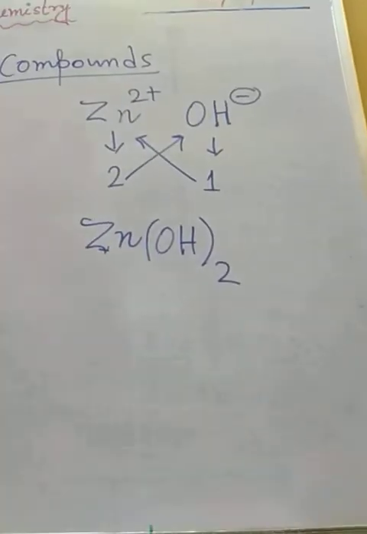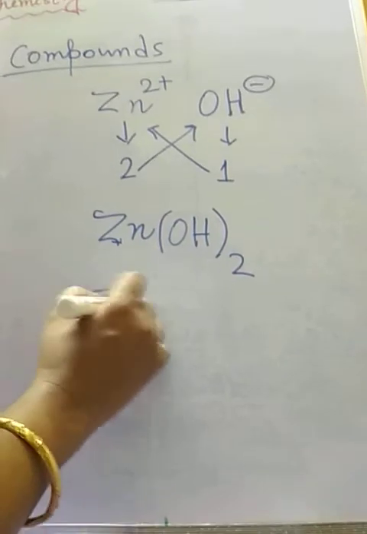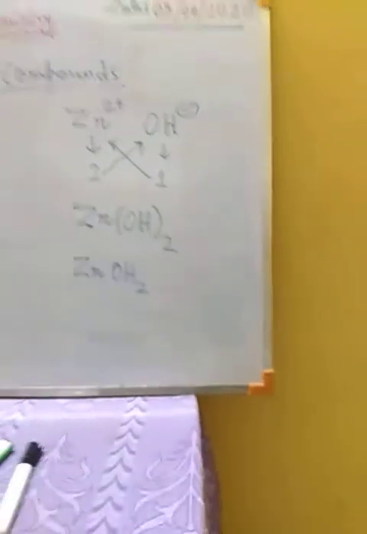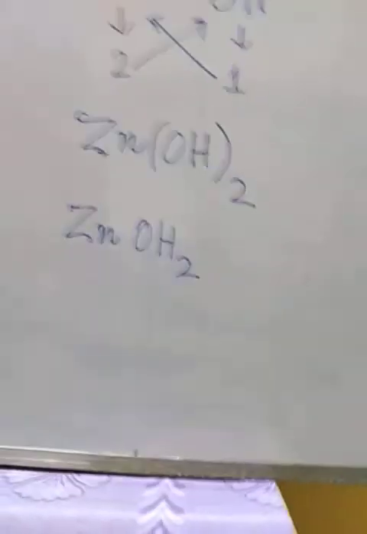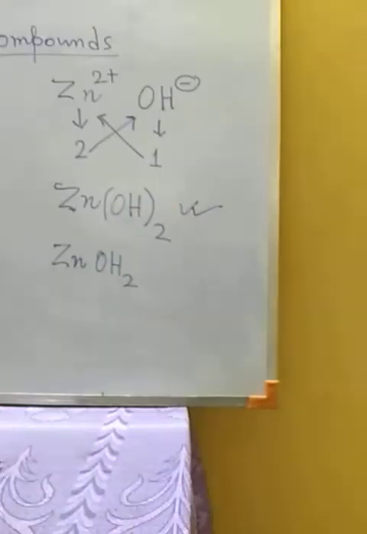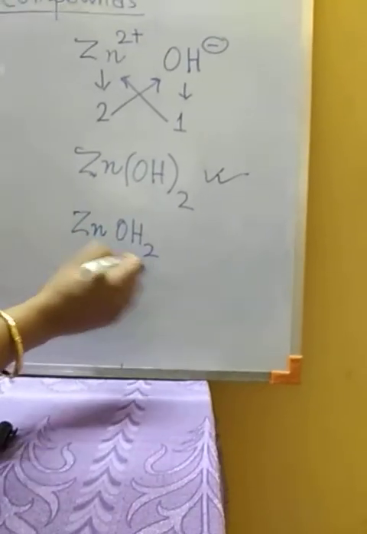Okay, now the mistake which you generally make is to write ZnOH whole 2. In this manner you write the formula, but this is the correct formula, this valence.